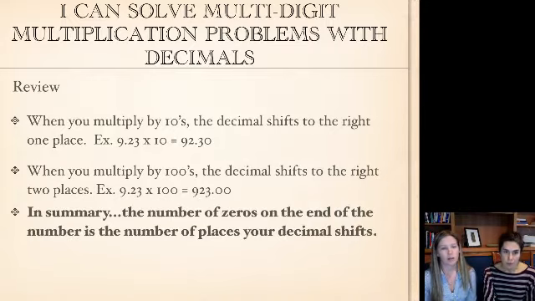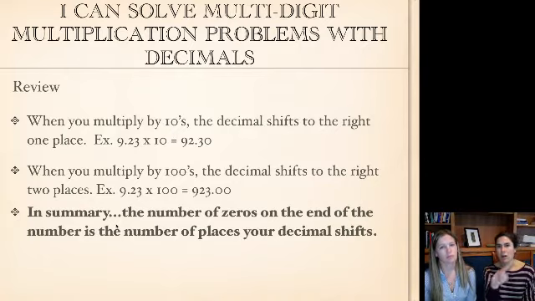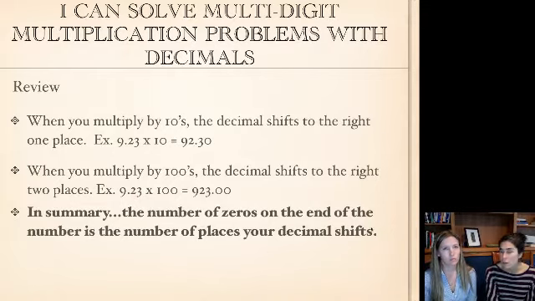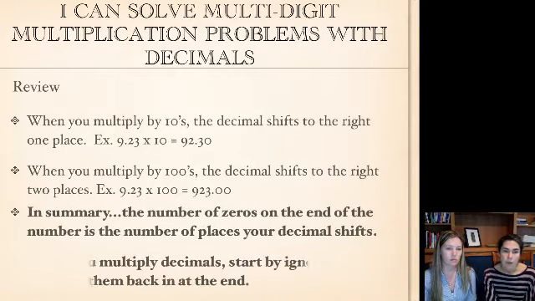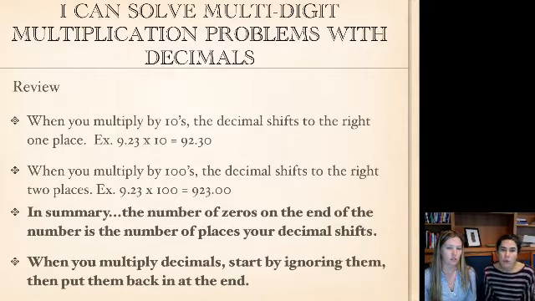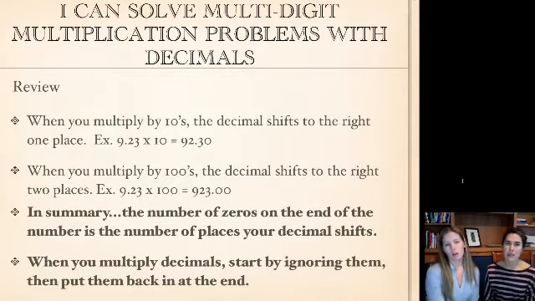Basically, the number of zeros on the end of the number is the number of places your decimal is going to shift. You might remember how we did our little swooping to help you count those out, and you can still do that if you need to. And one more thing: when you multiply decimals, you can start by ignoring them, deal with the numbers first, and then put them back in at the end. That's the big idea.